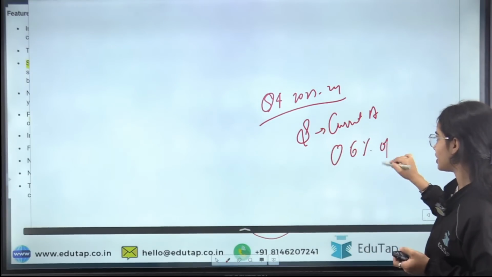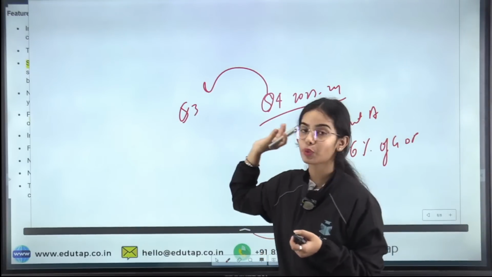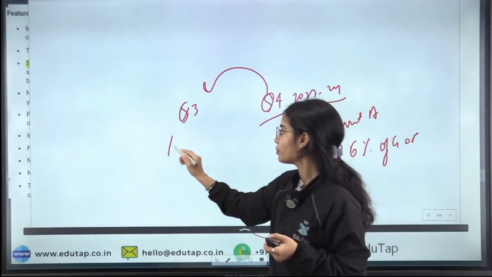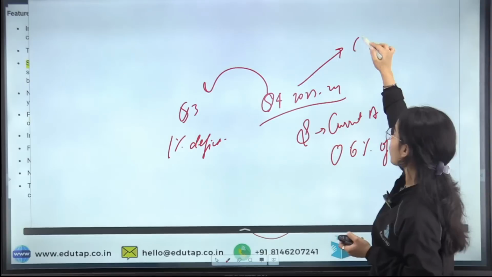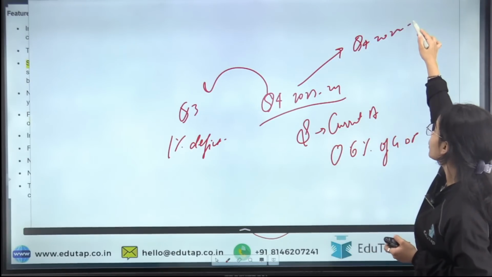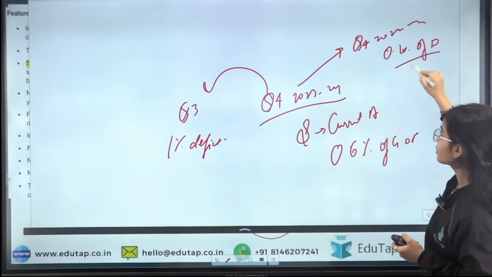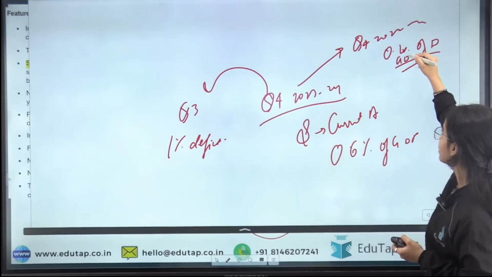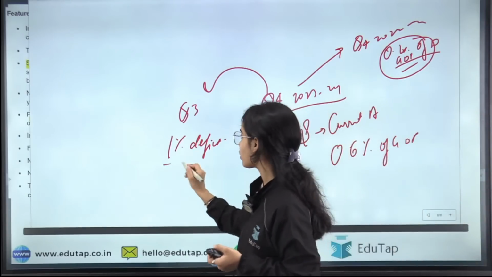0.6% of the GDP. If we compare it with quarter 3 of 2023-24, there was a 1% deficit actually. And if we compare it with the quarter 4 of 2022-23, there was a 0.2% deficit. 0.2% of GDP was the deficit in the current account.